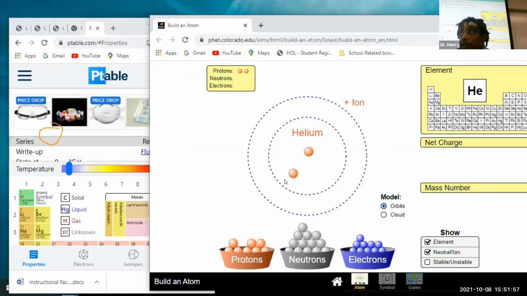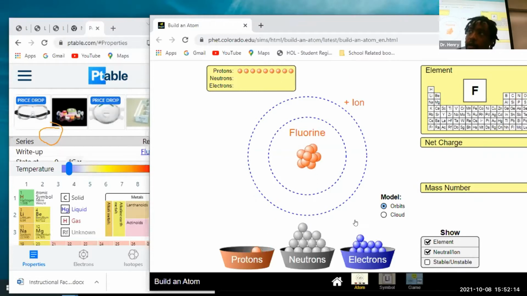1, 2, 3, 4, 5, 6, 7, 8, and 9. We know that we have the same amount of electrons because an element is going to be neutrally charged.